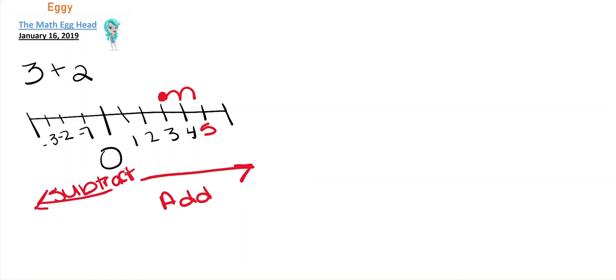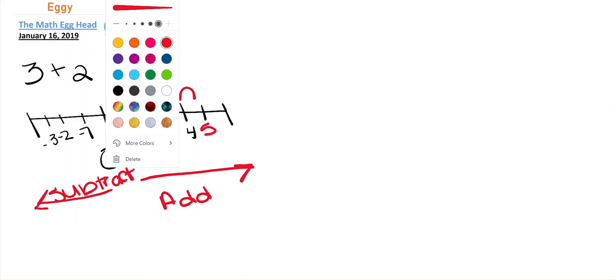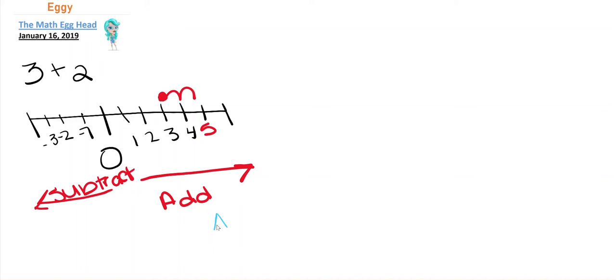Now there's a couple of other rules when you're dealing with the number line that I will also include in the video. So when we're adding, let's say here in this particular problem, 3 plus 2, we already know plus, that's the addition. That's going to tell us how or where to go on the number line.